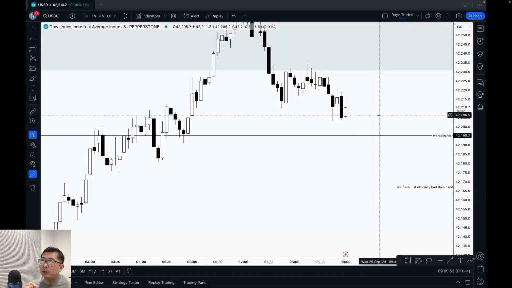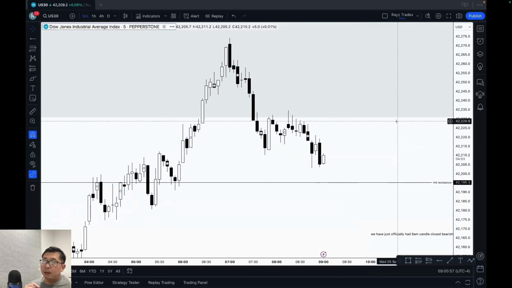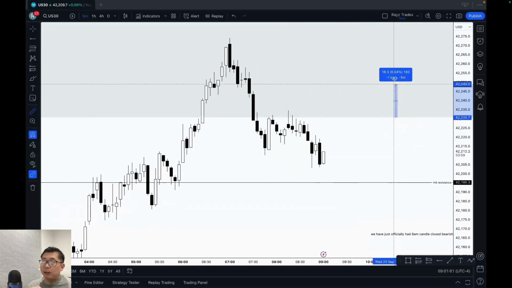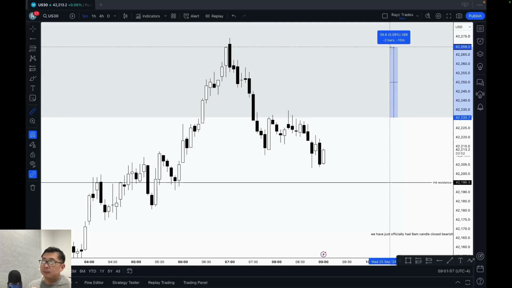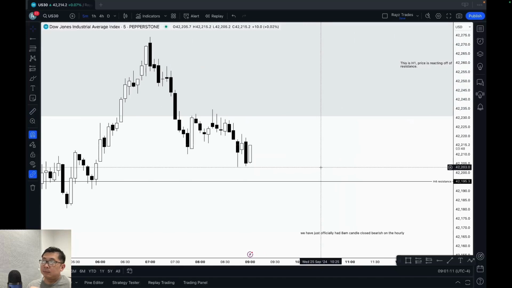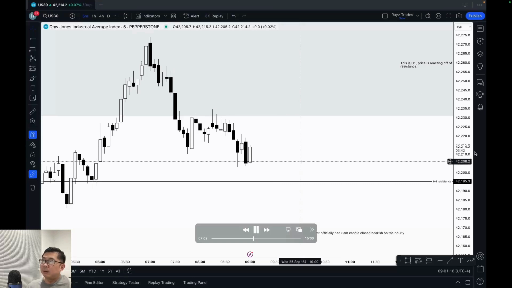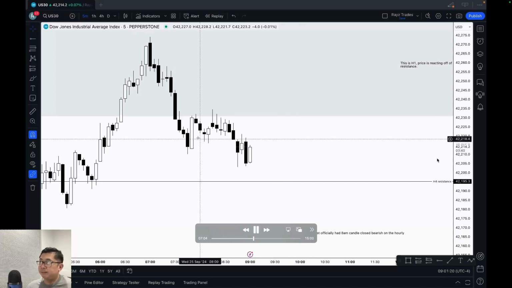Now I'm looking into the inside of that 1 hour range to see where I would look into shorting or buying. I see the time is ticking. Yeah, so this is still real time.